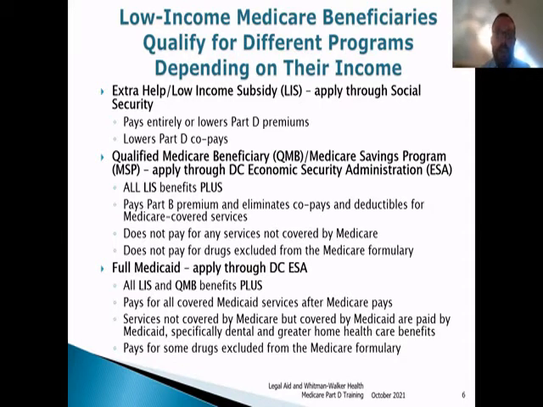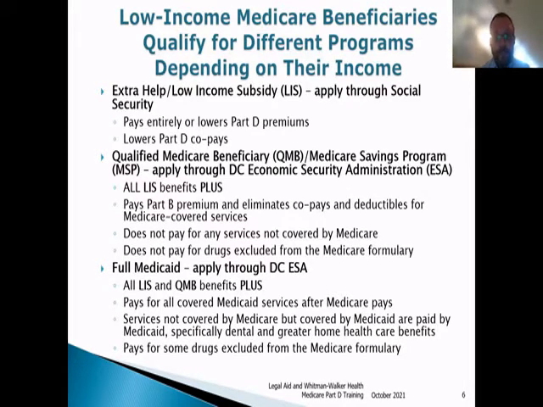You will also hear that referred to as QMB. That is a Medicare cost savings program that is broader than the low income subsidy program. It is not focused on just Medicare Part D, but it is focused also on Medicare Part B.